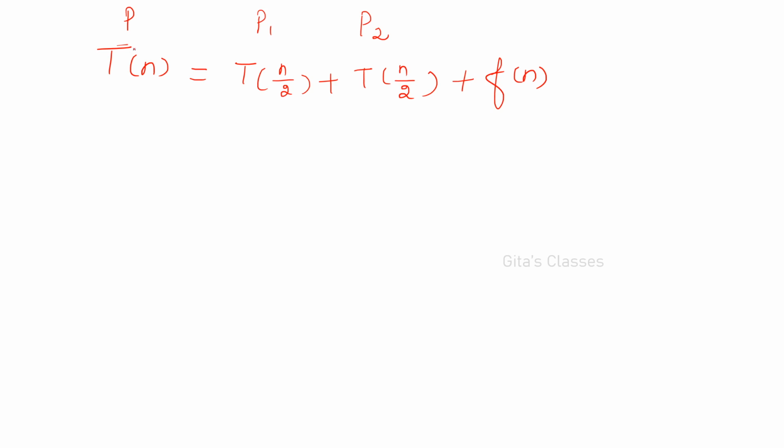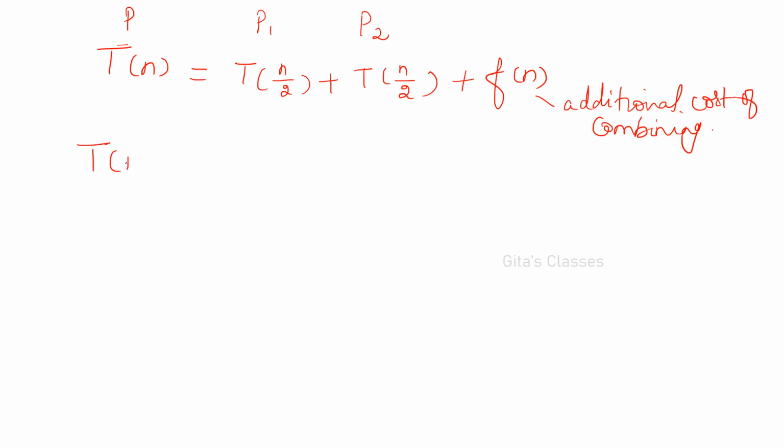We divided P into 2 subproblems, and if you solve P1 and P2, we again have to combine the solutions. This is called the additional cost of combining, F of n. Here we are assuming that dividing has no extra cost; it is a constant.